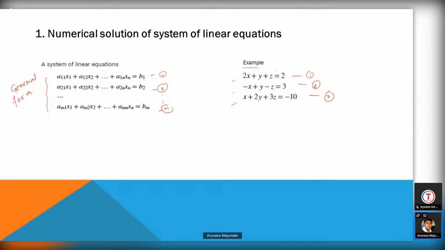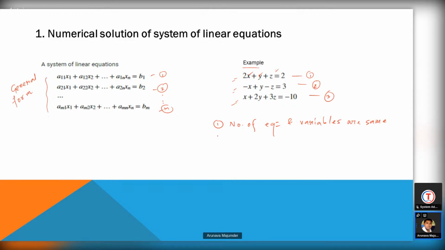When the number of variables is three, x, y, and z, you must have three equations to solve the system, and you can get a unique solution. So there are three cases. The first case is where the number of equations and variables are the same.